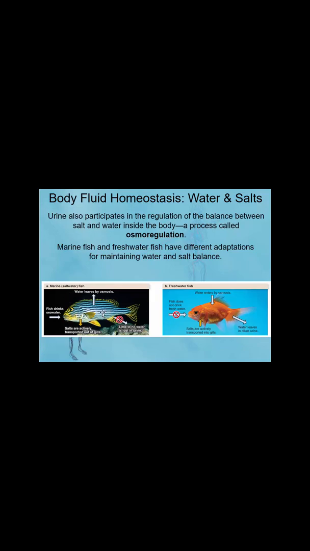So it's going to try to become equal. Basically, they want to become isotonic with the solution inside the fish. So out here is hypertonic, meaning the most solutes. Inside is hypotonic, meaning the least solutes.